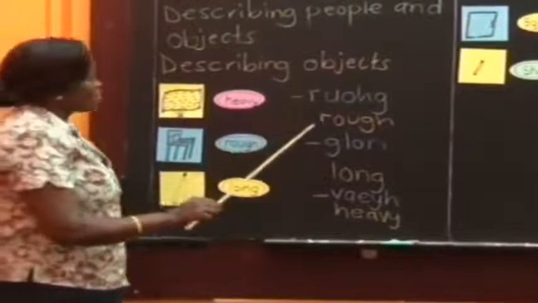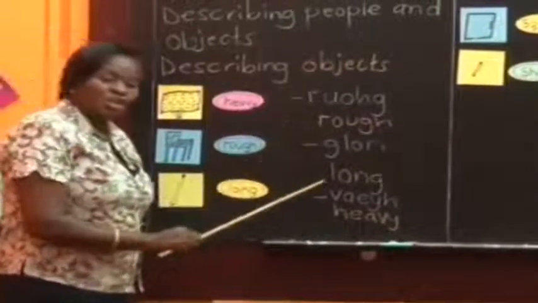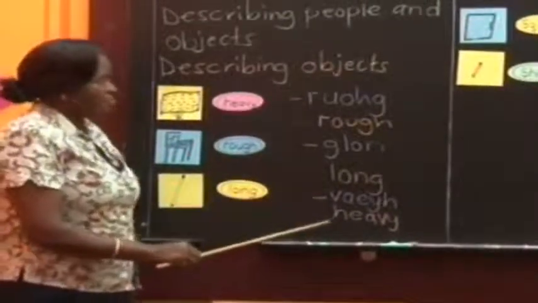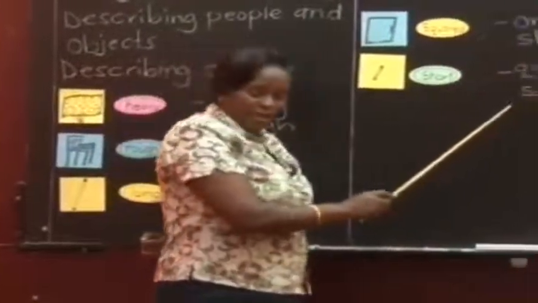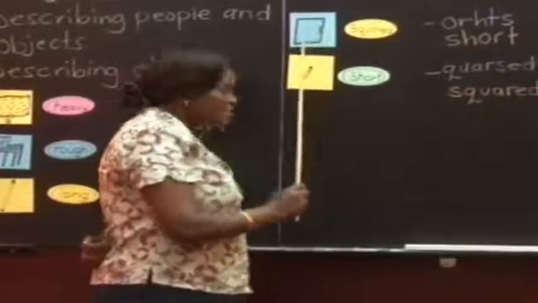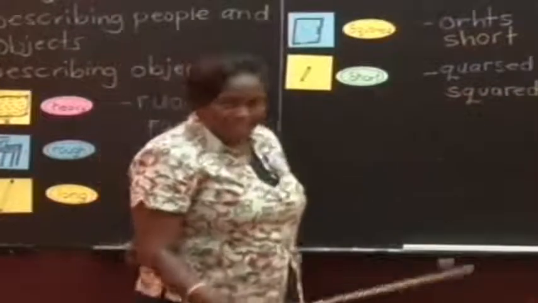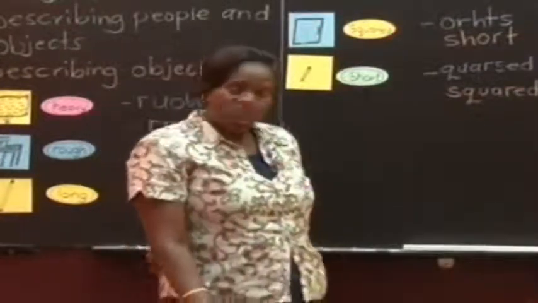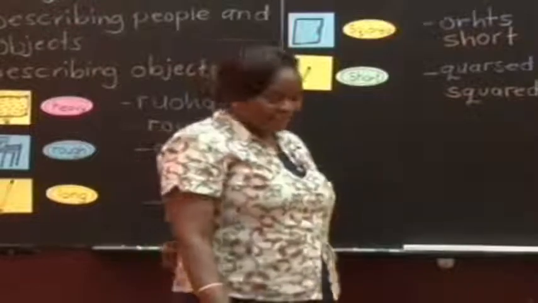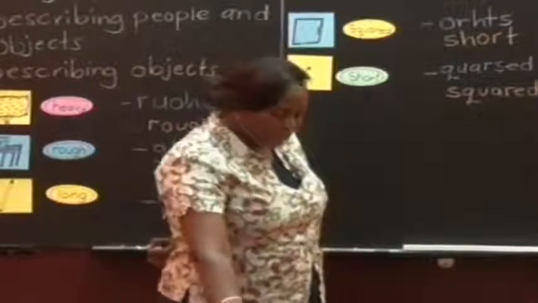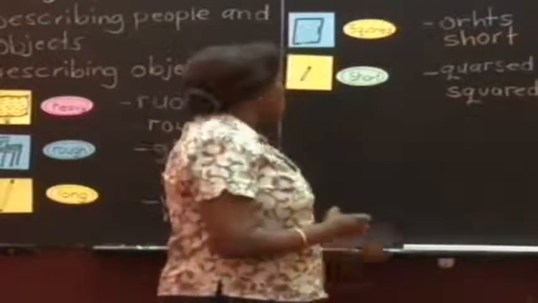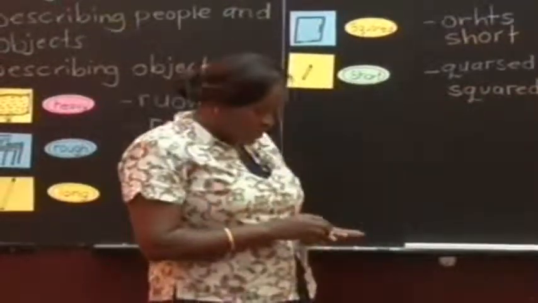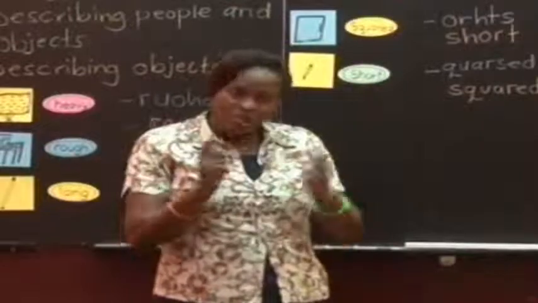We'll have rough, long, heavy, short, and squared. We are describing the different objects, looking at their size, looking at their shape, the color, the material, the purpose, origin, and the use. What do we use them for? So these are the words we have tried to come up with. Remember, children, there are so many words.